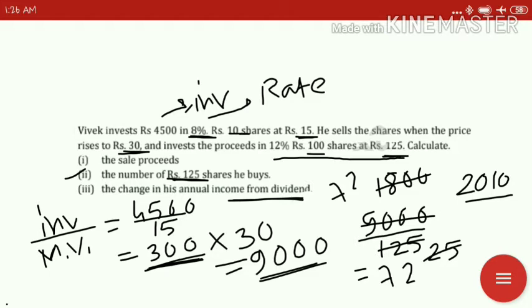And then again, in the second investment, you have already got the 12% as the rate of dividend, and already you have got the number of shares, that is 72. So by using this, you can easily find out the annual income also. Now change means if you can see the second investment, the annual income is more than the first investment, just do the subtraction, then you can see the change of the annual income.